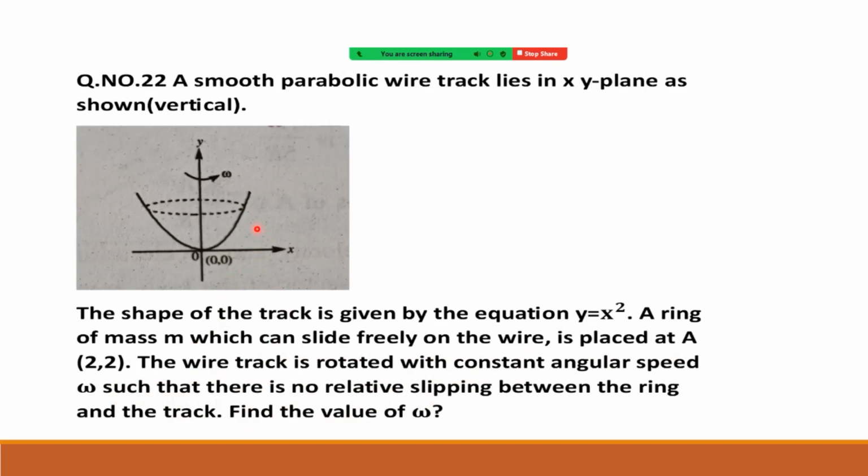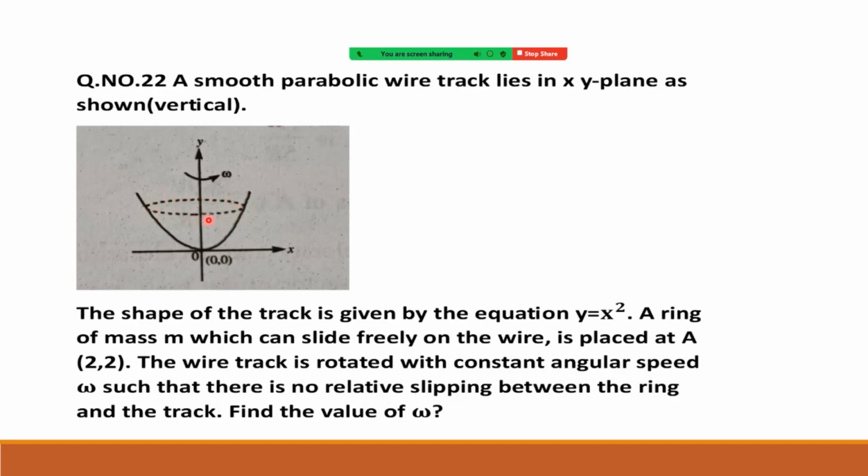Students, if you observe, ring is now somewhere here. Condition is given that there is no relative slipping. That means ring is at rest with respect to the track. So since track is now rotating, ring follows a circular path.